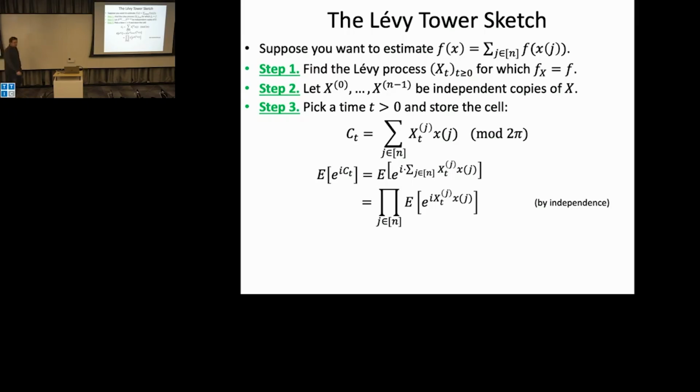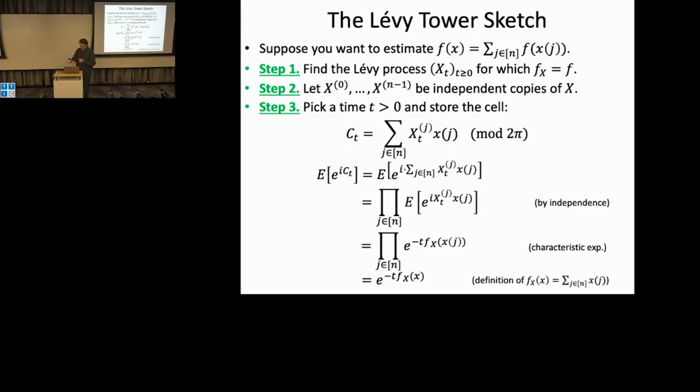We'll get f of x of j, and now the sum of the f of x of j's shows up in the exponent. So this random variable c t, when manipulated in this way, gives you in some sense an unbiased estimator for the exact quantity that you care about, f of x.